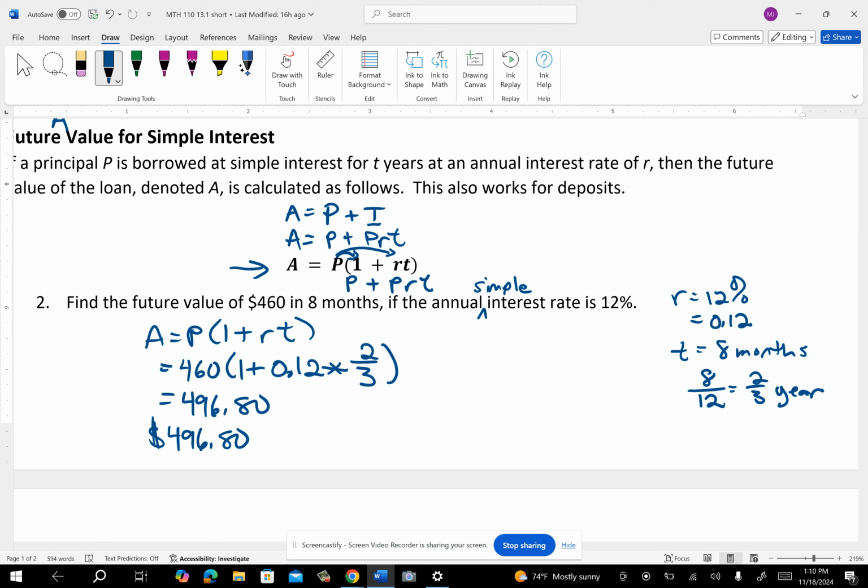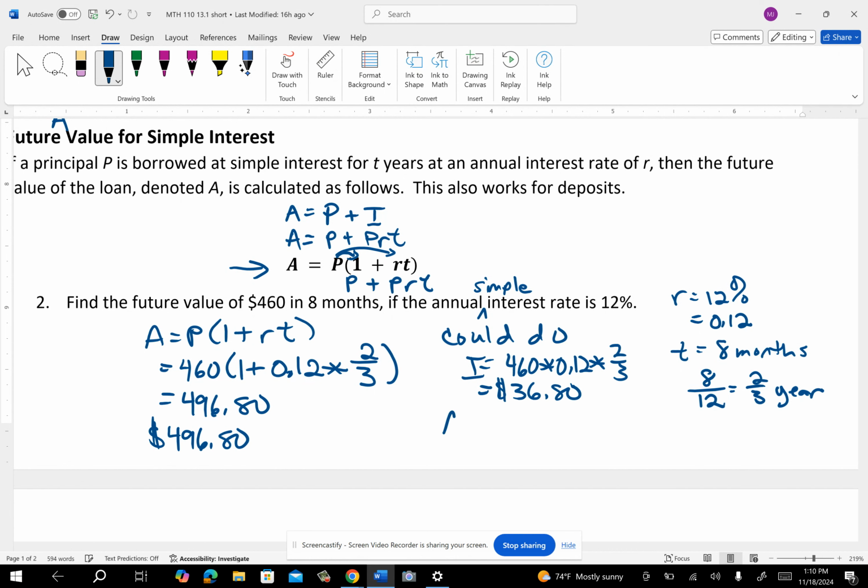All right, now I could do this. So I could do just the interest, right? So I could take the 460 times the 0.12 times the 2/3, and I could get that $36.80.